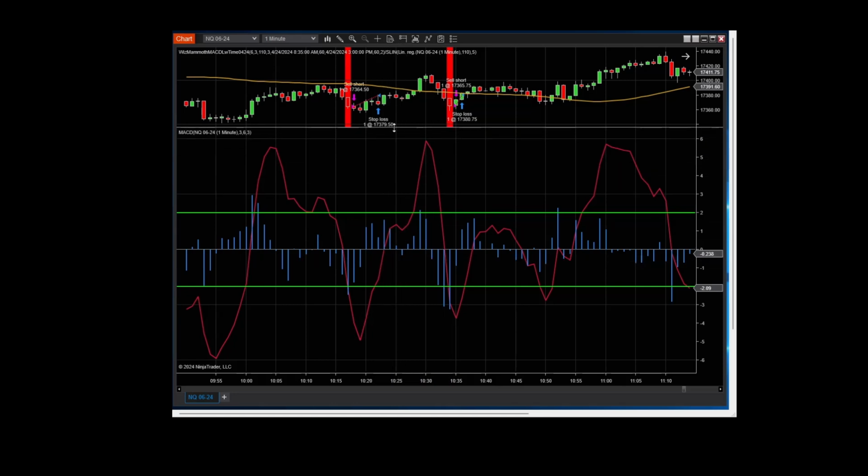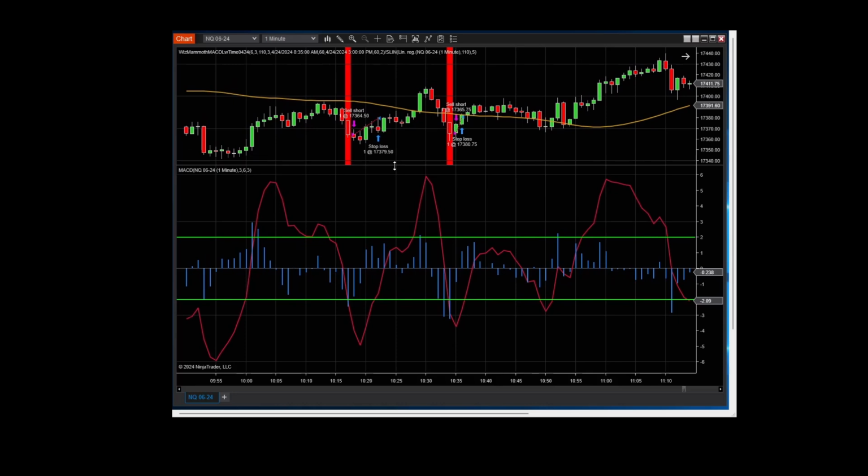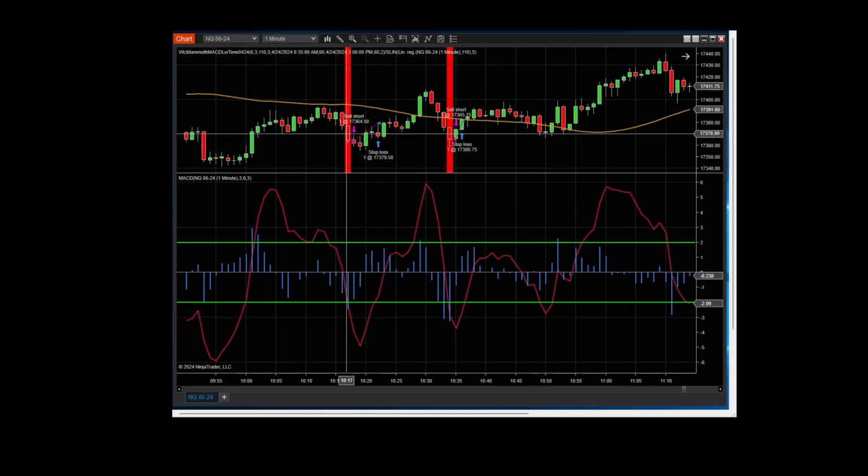For example, right here, these two trades were short trades. The shorts were stopped out. But when you look at why these shorts occurred, it's because this average line has crossed below zero.